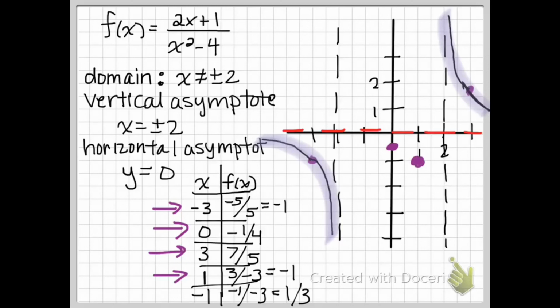If you look at 1, -1, I've got -1, 1/3. I'm going to plot that point on the graph. So you see these 3 points. I need to get through these 3 points in the middle, and I need to approach the asymptotes. And with that, the graph is complete.